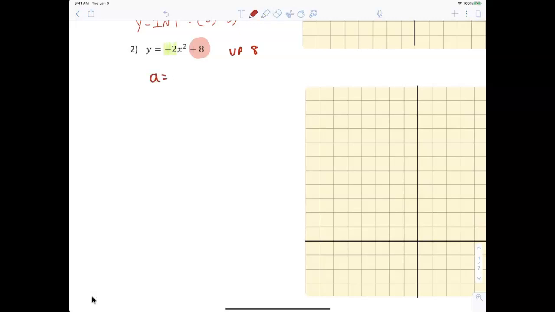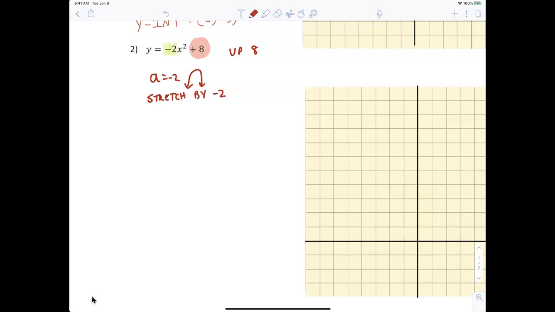So if a equals -2, that means it's going to open down, and there's a stretch by a factor of -2. I think that's the easiest way to do this.